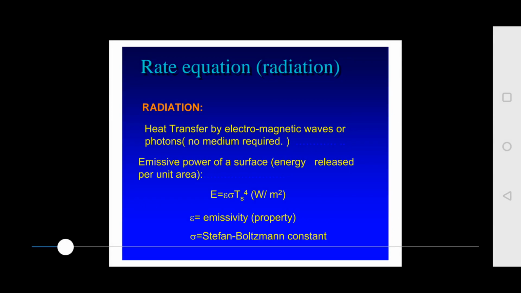The emissive power of a surface, for example, some surface emitting energy in the form of electromagnetic waves, released per unit area, can be simply given by the Stefan-Boltzmann law.